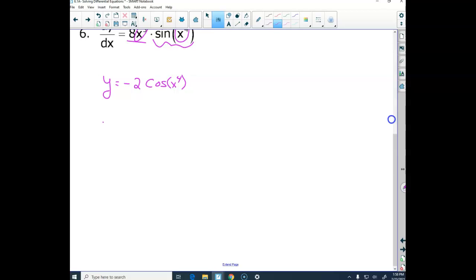Well, what is the derivative? Y prime is going to equal negative 2 times the derivative of cosine something, which is negative sine of that something, times the derivative of that something. Well, I can see negative 2 times negative 1 times 4x cubed. That gives me 8x to the 3rd sine x to the 4th.